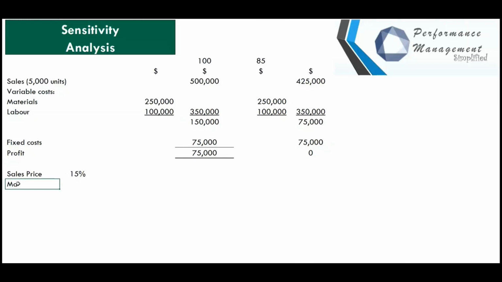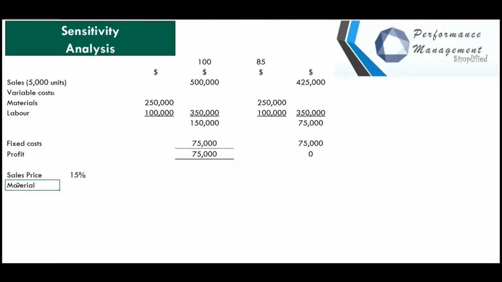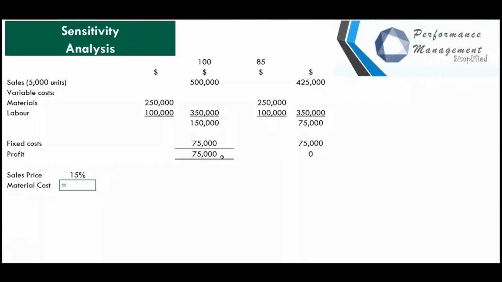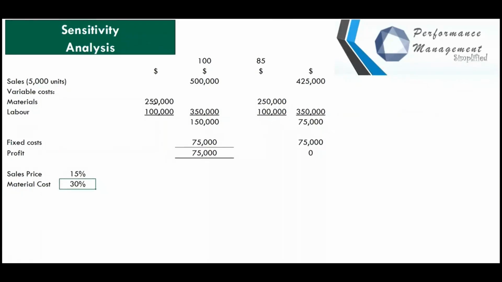Another variable we can measure the sensitivity of profit to is material cost. That's simply the profit divided by the material cost of 250,000, and that's 30%. 30% means that if the projected material cost should increase by more than 30%, then the project will turn out to be a loss.